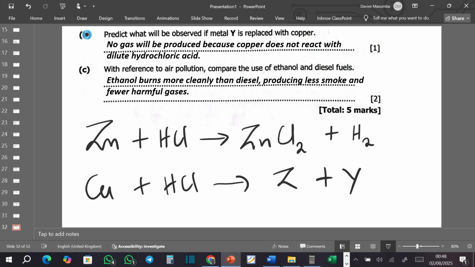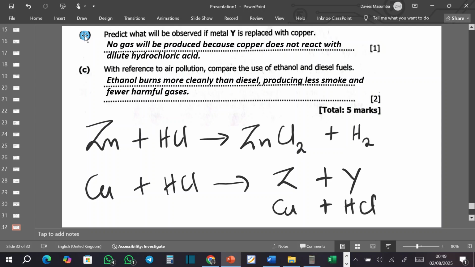It is not higher in the reactivity series. It is lower in the reactivity series than hydrogen. So it will not remove it. So if they say what were the products, it will just still be copper plus hydrochloric acid. So sometimes this is where even examiners play on your mind.